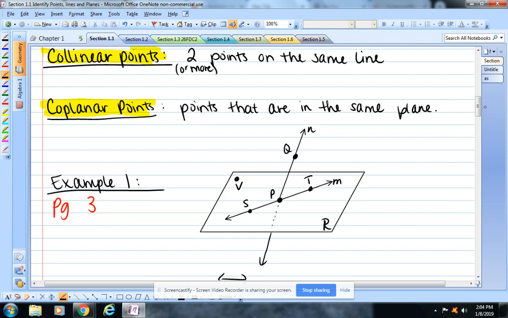So if you look at this one, let's see if I can find a good picture. This one is a plane with a line going through it. What do you think this dotted line around here means? It's like where the line is going behind the plane, but you can't see it.